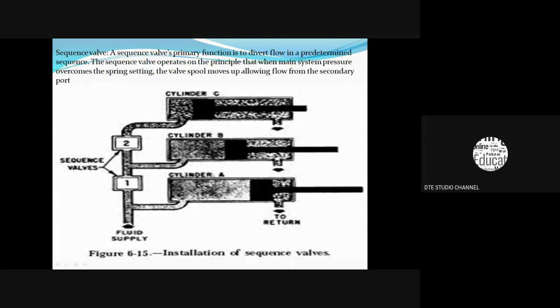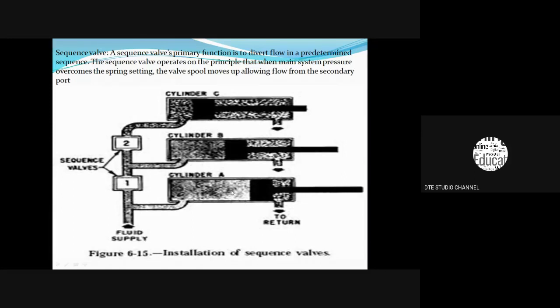Whenever this actuator is working, sequence valve 1 is closed by the setting of a screw. There is a screw in sequence valve 1 which keeps it closed until the maximum pressure is reached. When the sequence valve closes, it prevents the flow of fluid from the supply line to cylinder B whenever cylinder A is working.